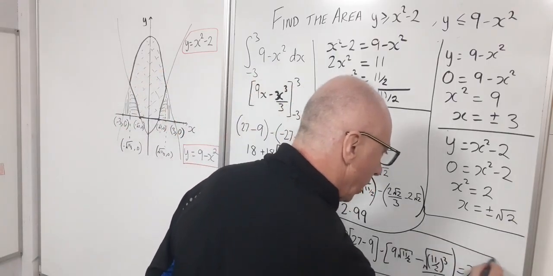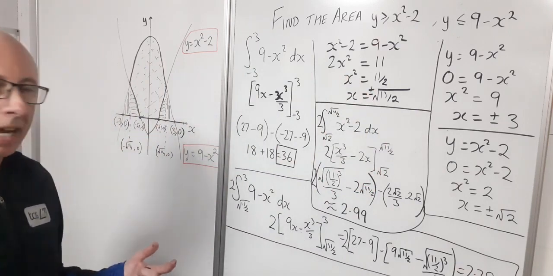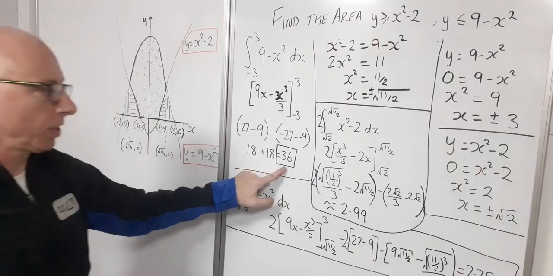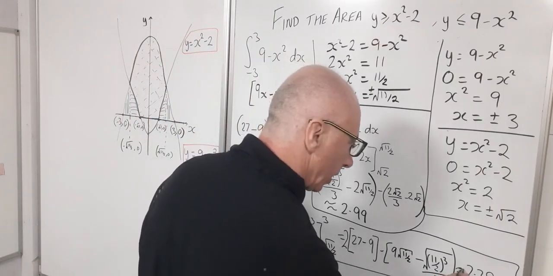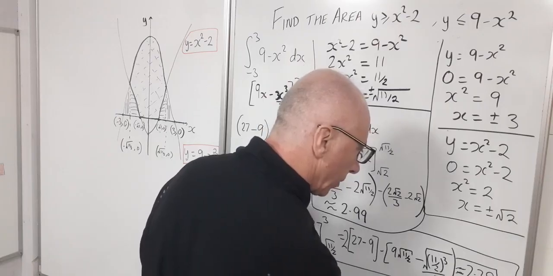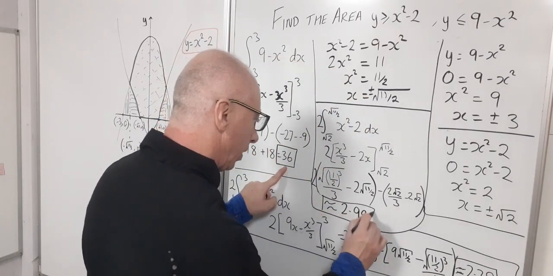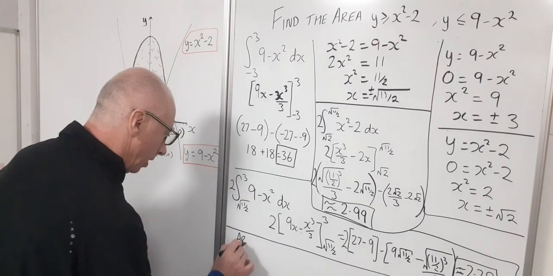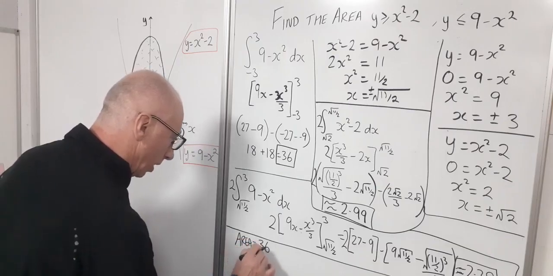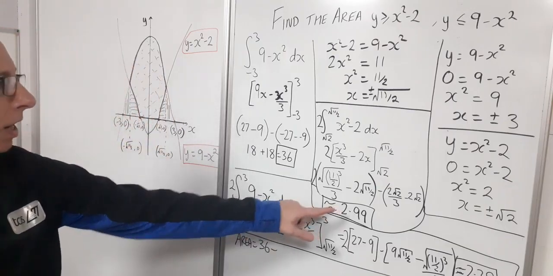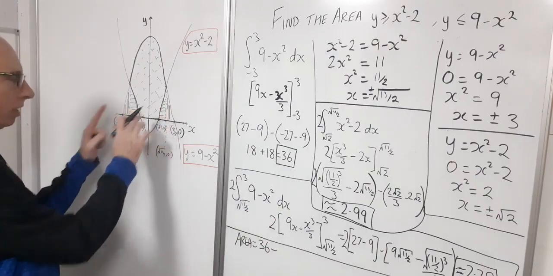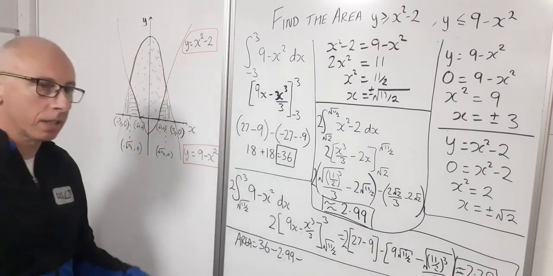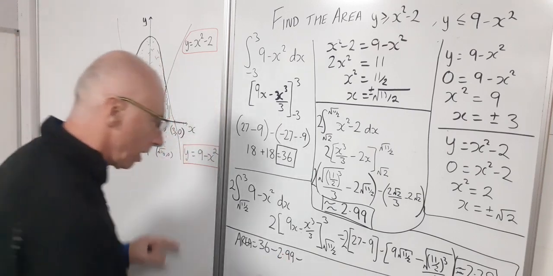That's it for the integration. Now we just need to work out the final answer. We got the area of the main bit, that was 36. That's an approximation because I've rounded it off. So we've got 36 for the main part. So area equals 36 minus 2.99, that's for this bit, and minus another bit, which is this bit here, which is 2.39.